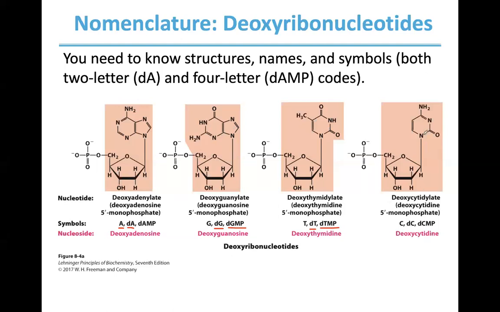And finally, the 4th component, the second pyrimidine base in DNA, is based on the nitrogenous base cytosine. And so you can say that this is deoxycytidylate or deoxycytidine monophosphate. So DC, DCMP.